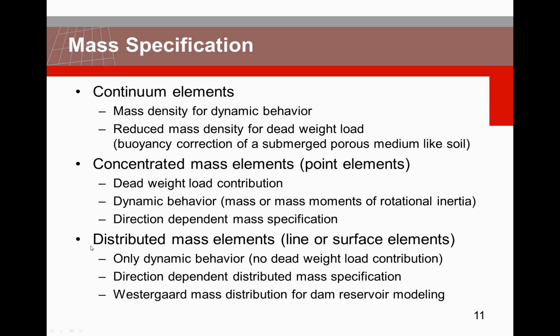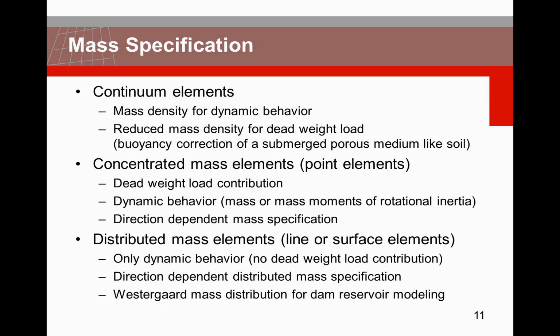Another option is to use distributed mass elements, for instance line elements for 2D models or surface elements for 3D models. You can use this, as we can also see in a later example, where you have, for instance, a reinforced concrete building where there are some additional mass elements.